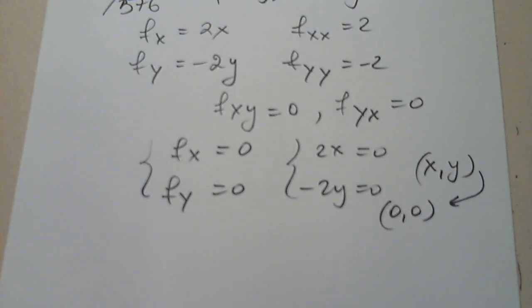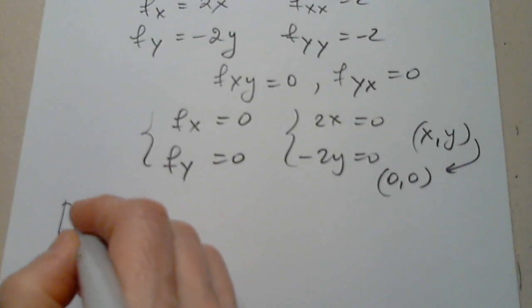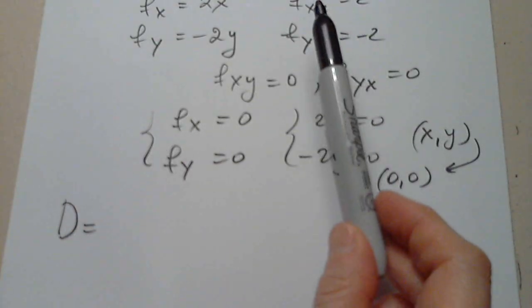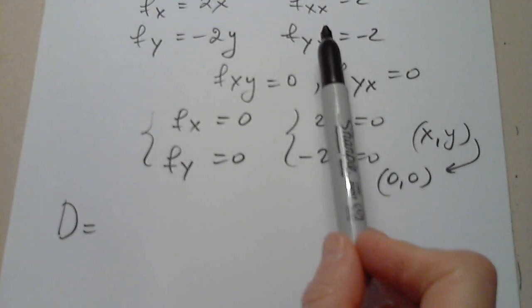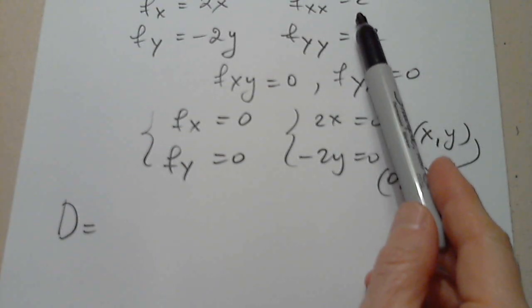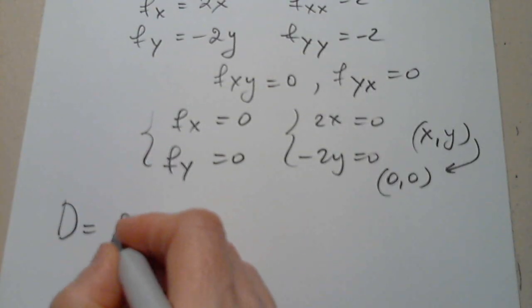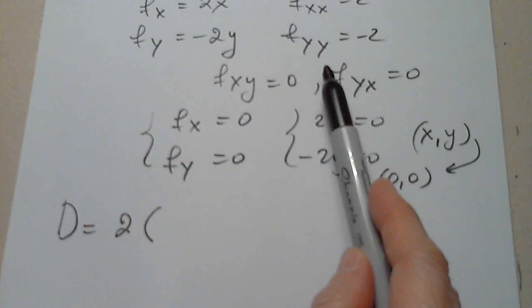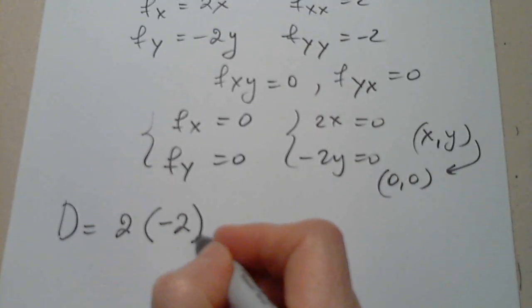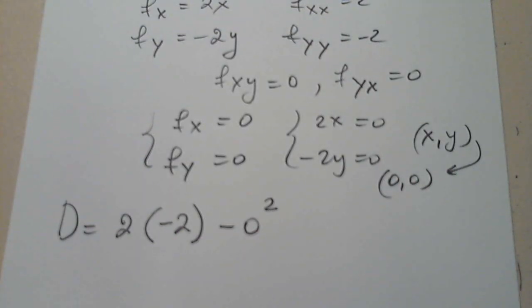So let's see what happens at 0 comma 0 for this function. The d-test states that I have to calculate fxx at 0, 0, multiplied by fyy at the same point, and minus fxy squared.